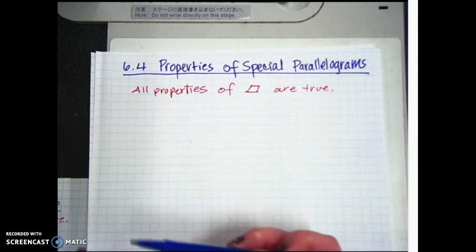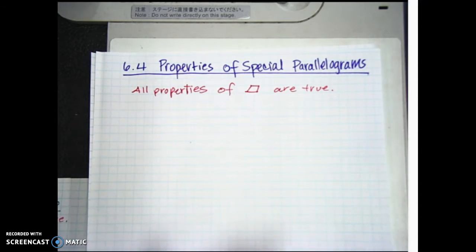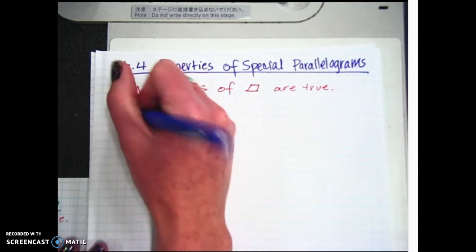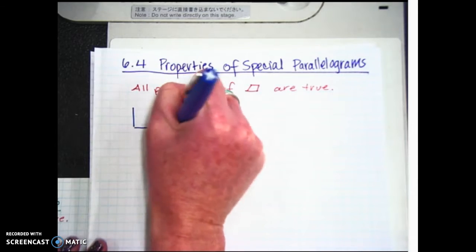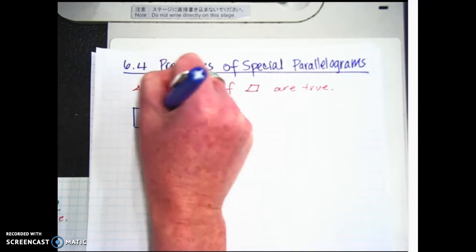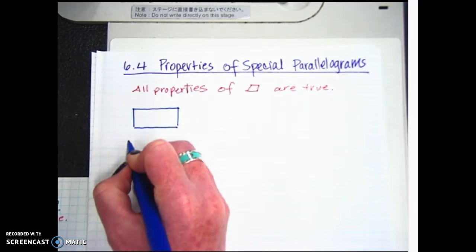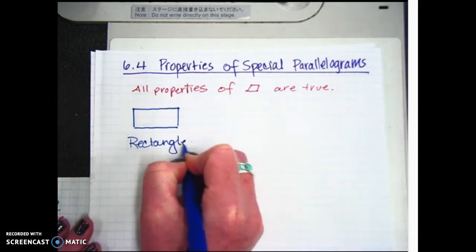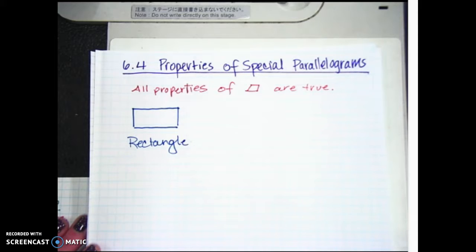So the first of the 3 parallelograms is a rectangle. Rectangle, obviously a parallelogram, right? Both pairs of opposite sides are parallel. All those other properties are true.